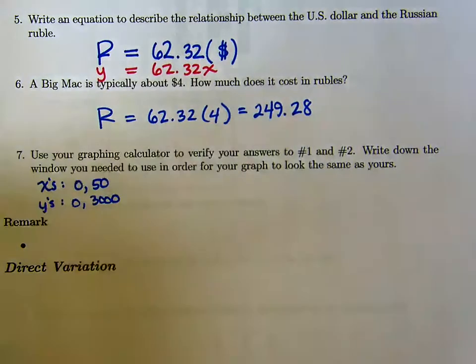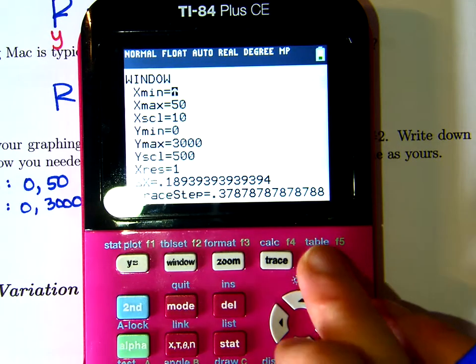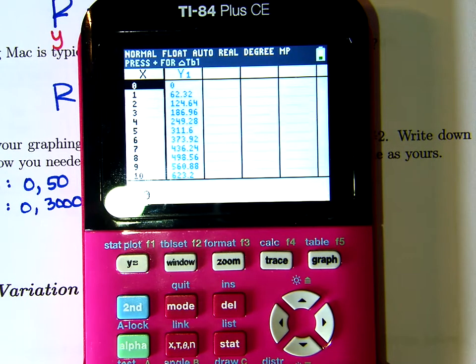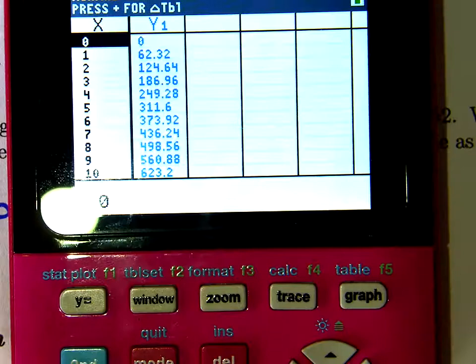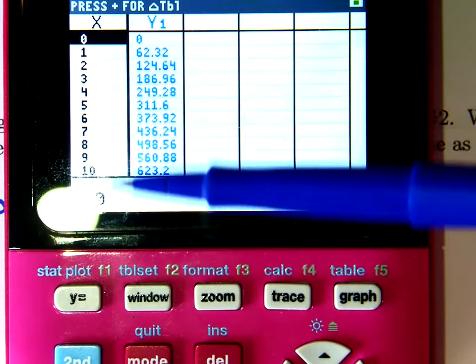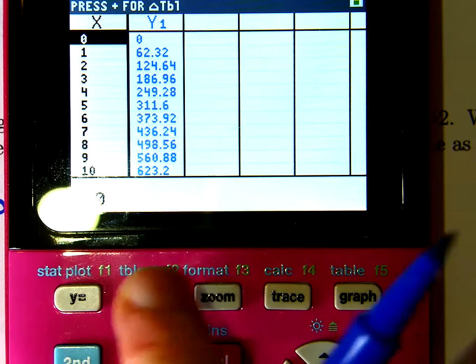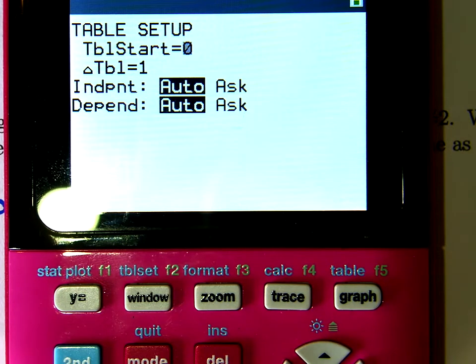Okay, well, back to the calculator. And I need to go second table. So these X's are going by 1 at a time because that's how I had it set. So second table set, start at 0 and increase by 10s.